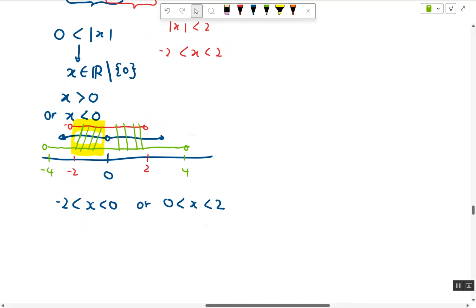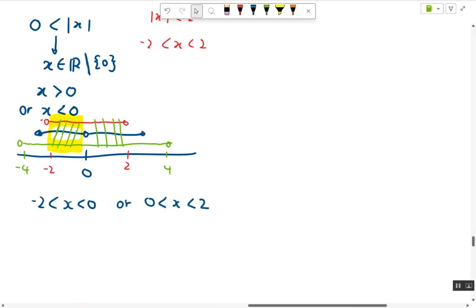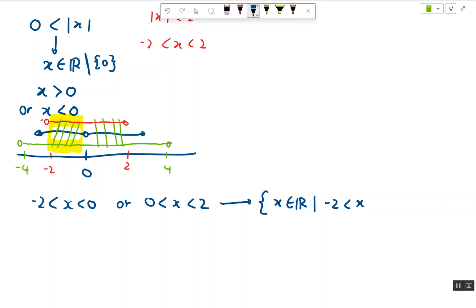Now, in the more set notation form, we can say that it's a set of x, any real number, such that x is in between negative 2 and 2, but this set excludes the value 0.